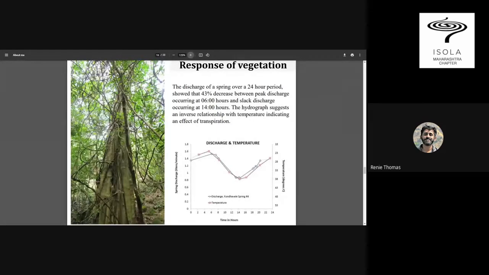We monitored a spring discharge for 24 hours, from midnight to the next midnight. What we realized is that the discharge during the night increases significantly, and during the afternoon around 2 o'clock, the discharge in the springs reduces. This directly indicates that water is held back in the tree trunks, and they are transpiring.